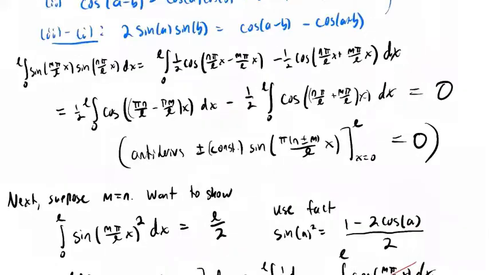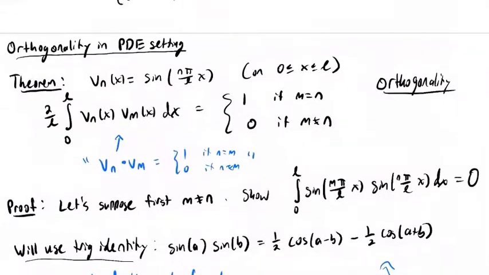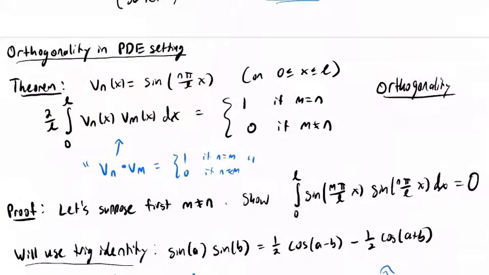Okay, and so what this theorem really gives us is a notion of orthogonality, or functions being perpendicular, where the functions are the eigenfunctions for the differential operator, right?